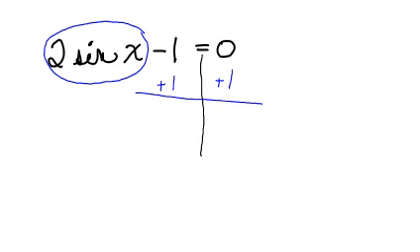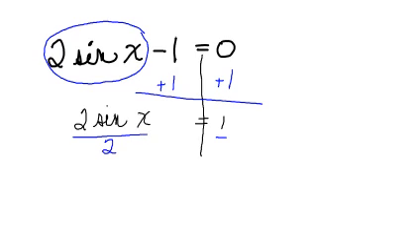And that's going to leave us with the 2 sine x, which of course equals a positive 1. Then we're going to divide out the 2, the most basic ones that are in here. Those are the ones that we love. And we end up with sine x equaling 1/2. Well, what does that mean? Does x really equal 1/2?